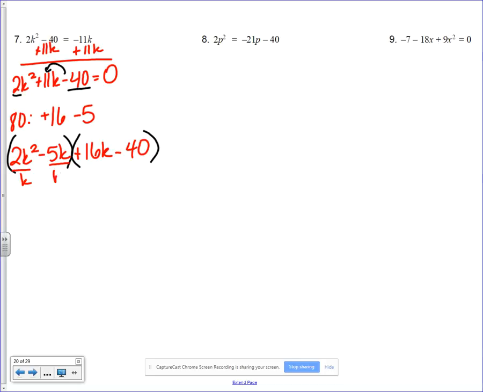Multiply the first and the last term. What do you get? Factors of 24 that have to subtract to 5. Factors of 24 that subtract to 5. 8 times 3.